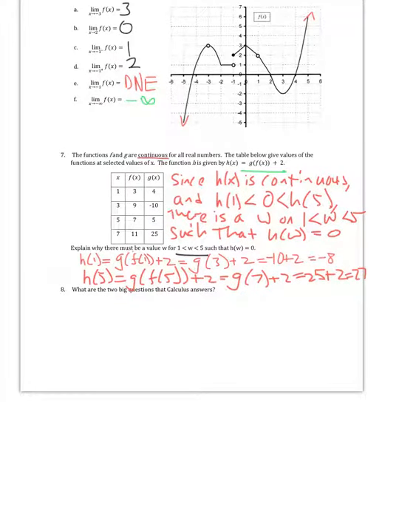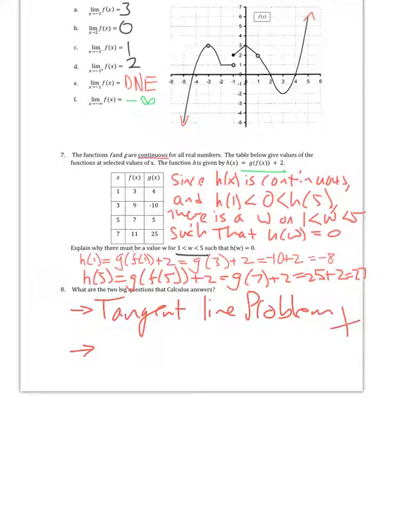And the last thing, what are the two big questions of calculus that we talked about? So we've got the tangent line problem, and that was just what we know it to be. We want to know what is the slope of that tangent line there.